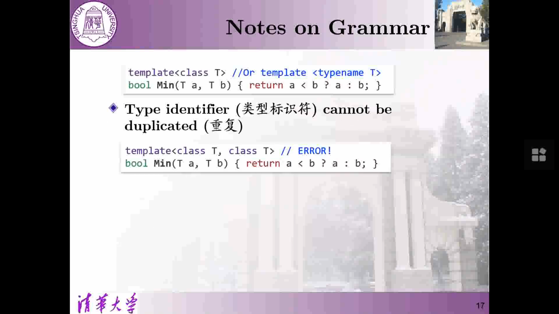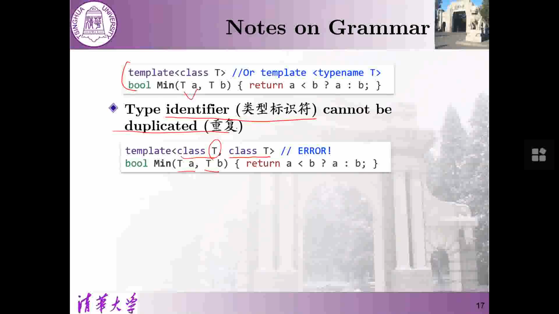And there are some grammar issues with this template. The type identifier cannot be duplicated. If we say we have two class T, this will get an error. However, we can use one type for two parameters, like this.